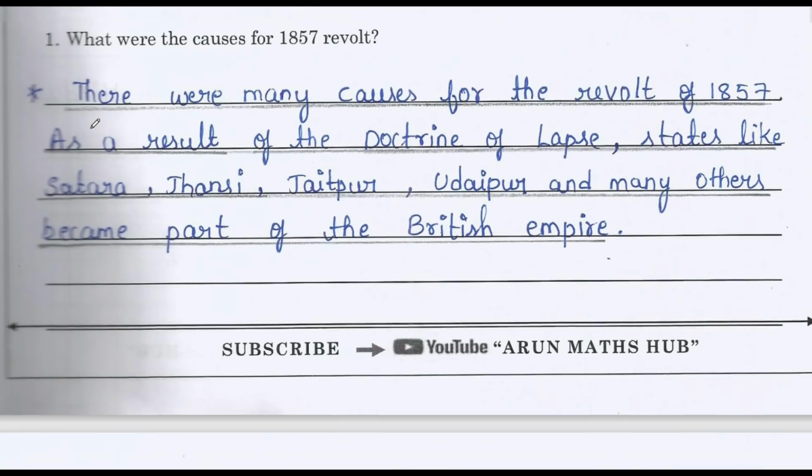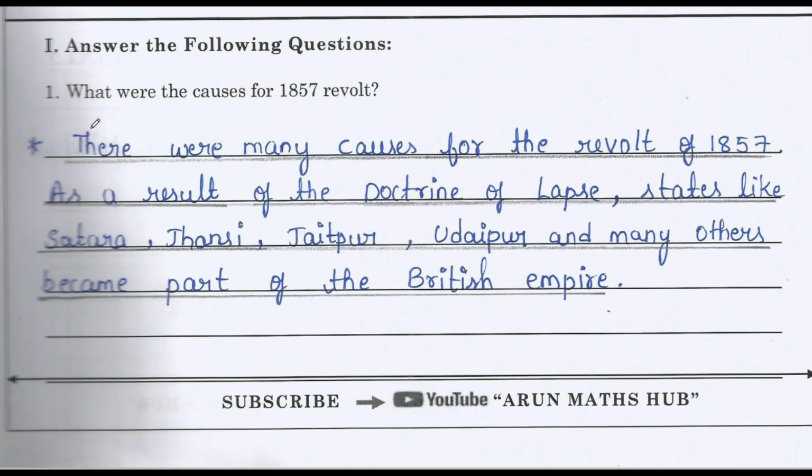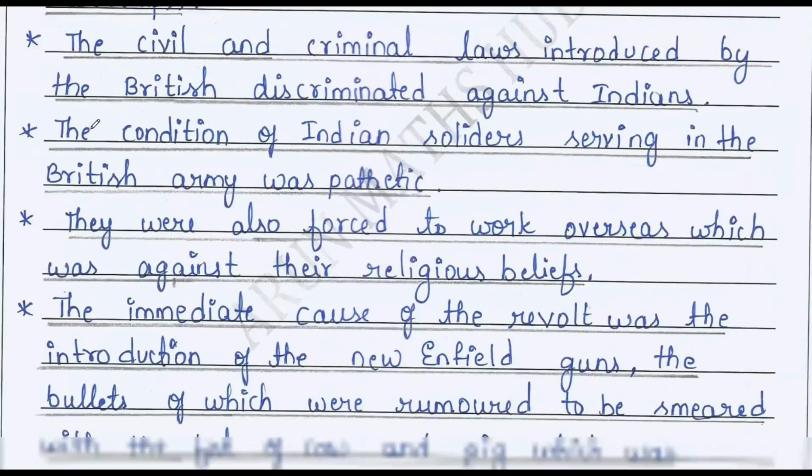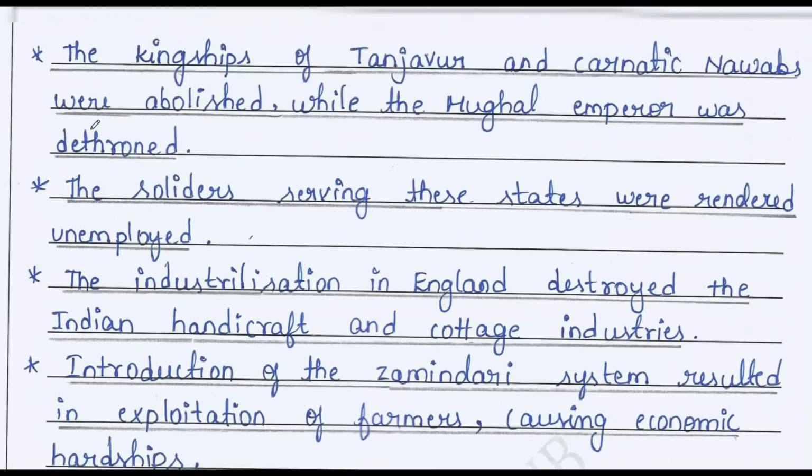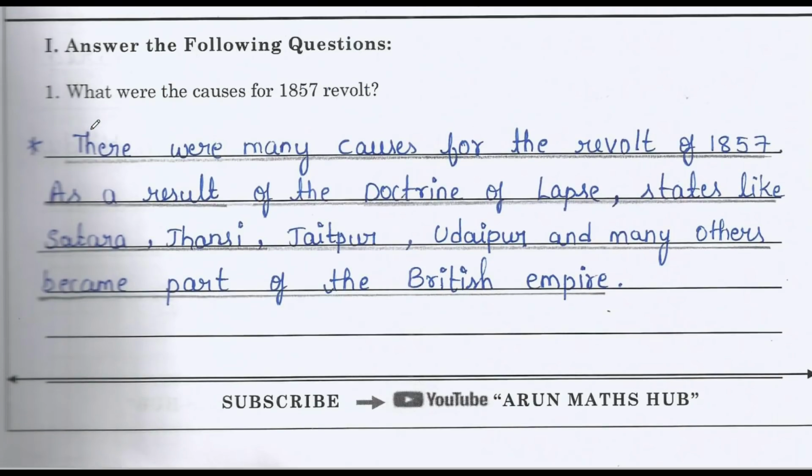First question: what were the causes for the 1857 revolt? There are many causes. In the exam they can ask, for example, what are the political and administrative causes? They can ask you any two reasons for the 1857 revolt, such as economic causes or administrative causes.